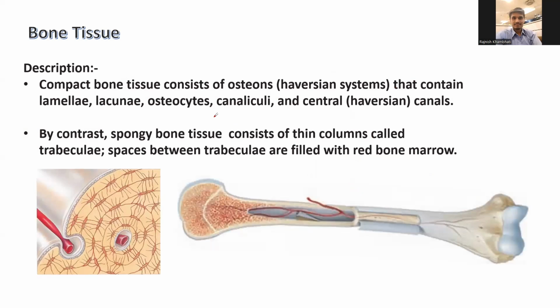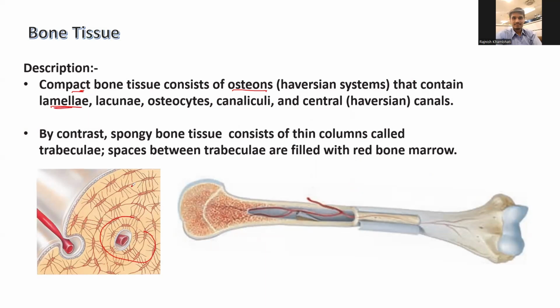See here, again now read compact bone. Now you know what compact bone is. Compact bone tissue consists of osteons. So this circle is osteon. Then in the center, this portion is called the Haversian system. Now in this Haversian system, what do you see? We can see lamellae.